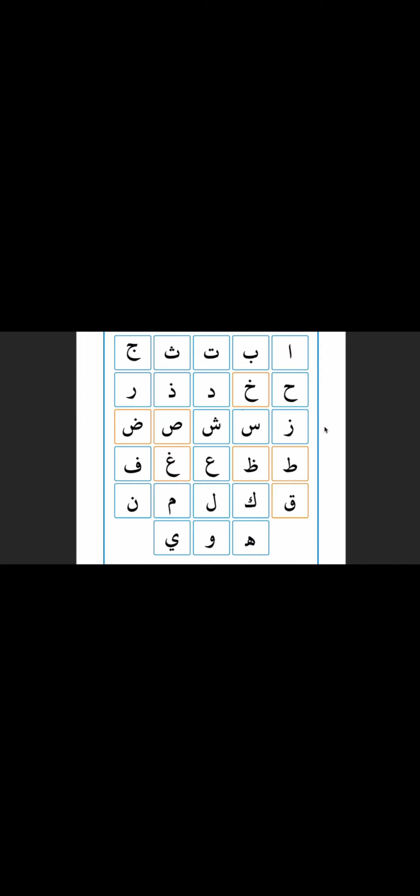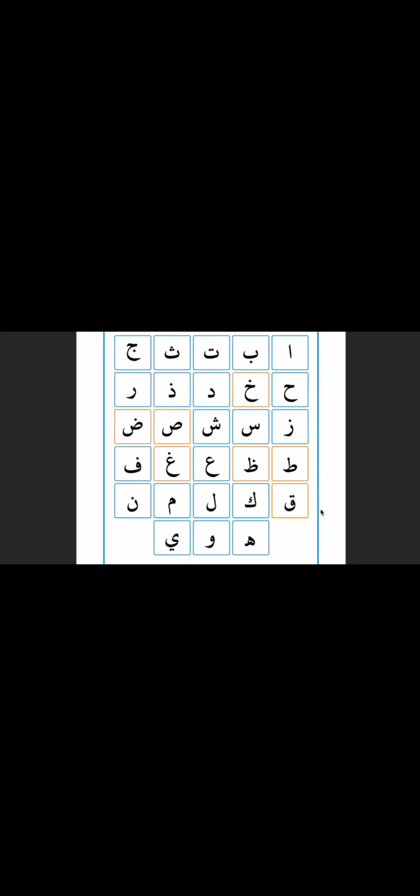Line 3: Zai, Sin, Shin, Sad, Dad. Line 4: Ta, Dha, Ain, Ghain, Fa.